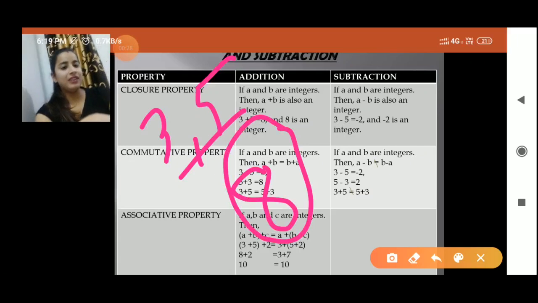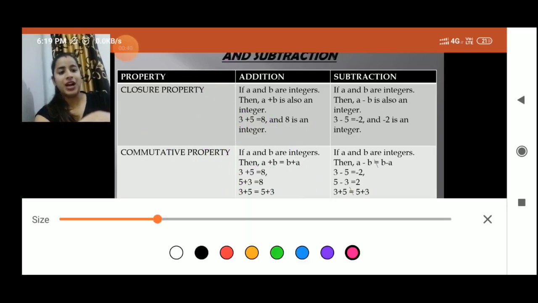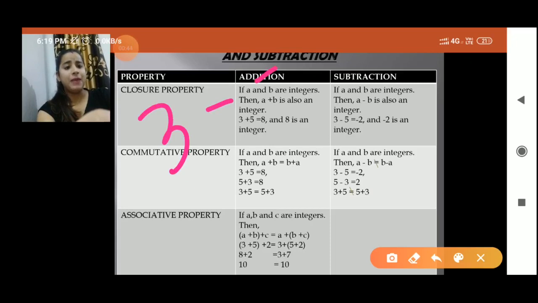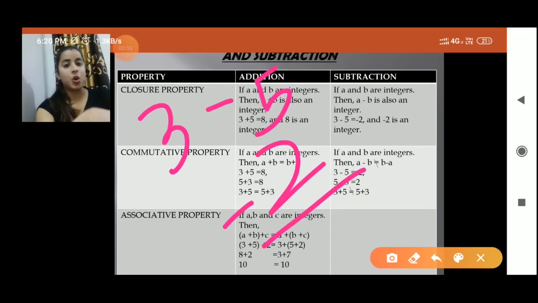So if 3 and 5 are integers, then 3 plus 5, which equals 8, is also an integer. The same is for subtraction. If we subtract two integers, that is 3 minus 5, we will get the value minus 2, which is also an integer.